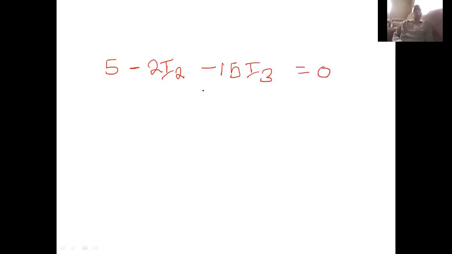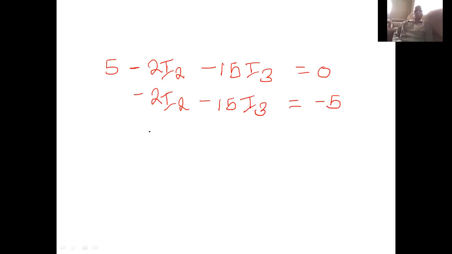We are done with that loop. And therefore, we can do as we did. We can have here to simplify this equation further. Minus 15 I3, which should be equal to negative 5.